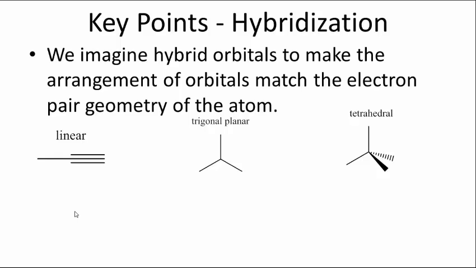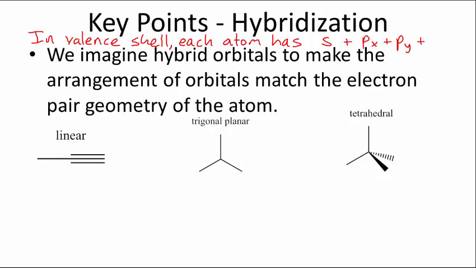We start out with each atom having three orbitals in its valence shell: the s orbital and the three p orbitals. We call them px, py, and pz because they point along the x-axis, the y-axis, and the z-axis in 3 dimensions.